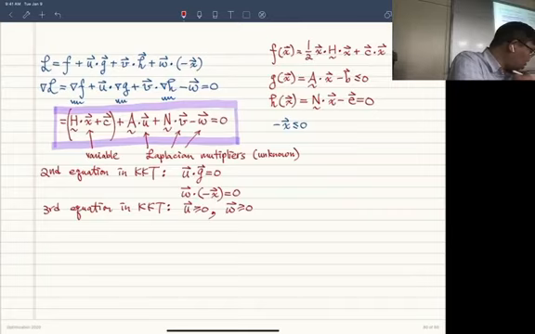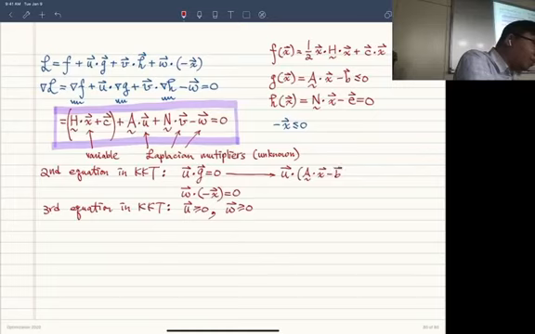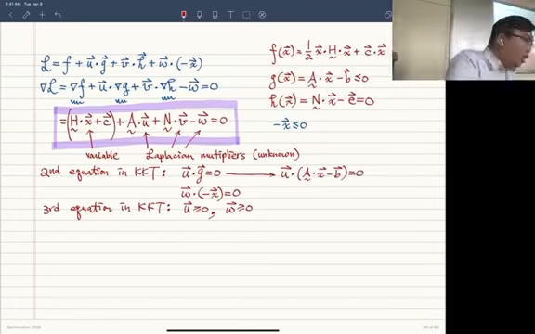So let's see what we can do. We can play with this one: u dot product g. What is g? G is Ax minus b. And this must be 0. Okay, so we have a bunch of equations right here, and let's stop right here and continue to the rest.